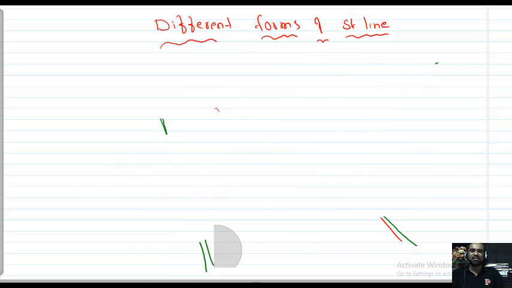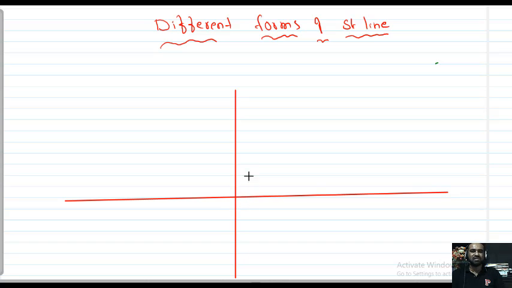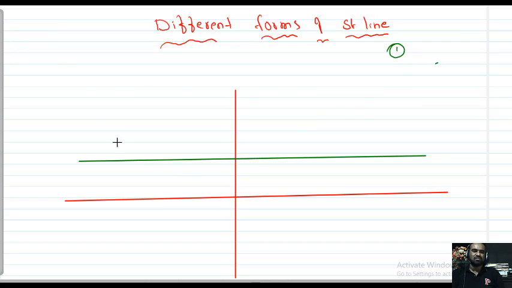So now we want to divide into categories. Students, listen. First of all, this is the y-axis, this is the x-axis. Now I am classifying into types. First type is horizontal line. Second type is vertical line.